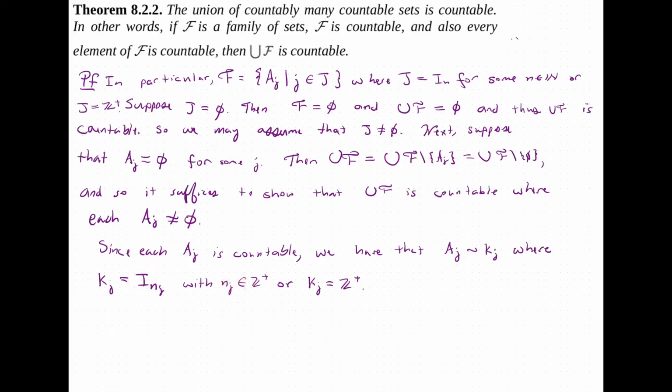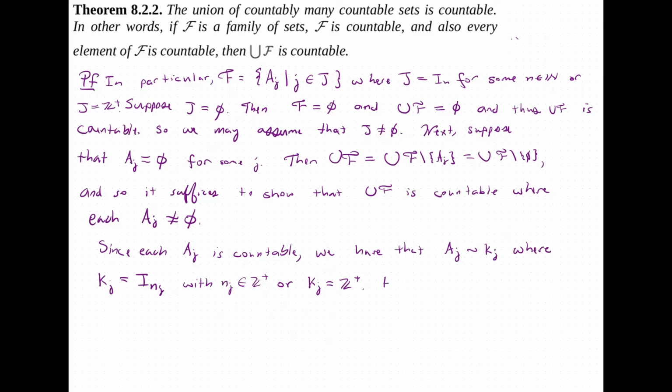Keep in mind that we've already taken care of the situation where A sub j is empty, so we know that every single A sub j going forward is non-empty. So that's where the positive integer is coming from. And then in the case that it is denumerable, then K sub j is equal to the positive integers. So now, this gives us a bijection.